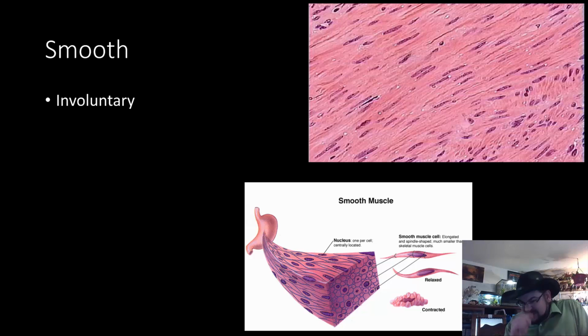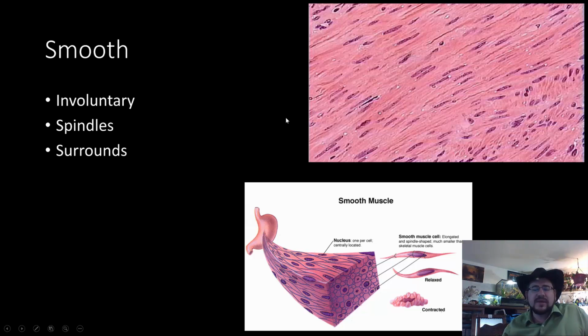So these muscle cells are spindle-shaped. They're little spindles. Think of them as sort of a swelled-up center that come to little points on either end. Each smooth muscle fiber is a little spindle shape.